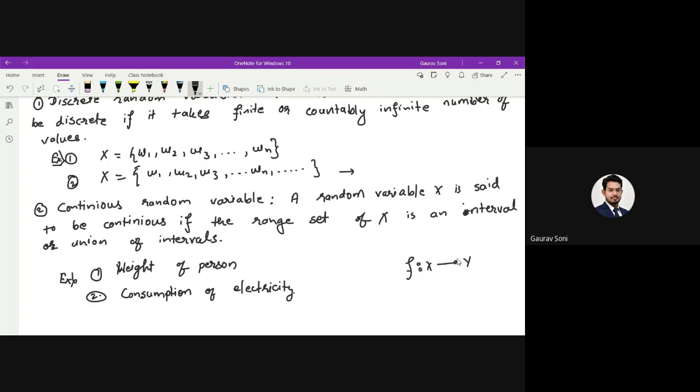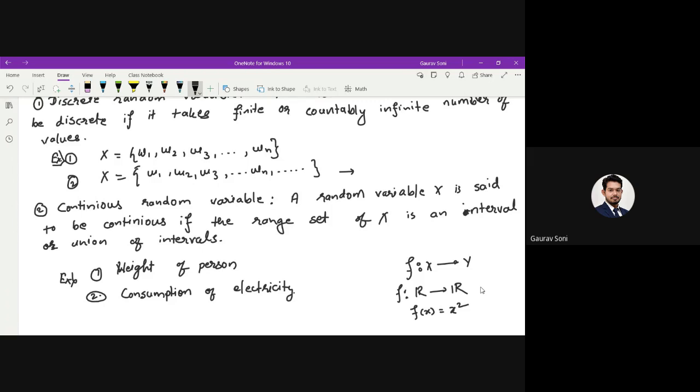There are a lot of questions in JEE and CET based on this. You are given f is a function from R to R, and f of x equal to x square. What is the range of f of x? So that is 0 to infinity.